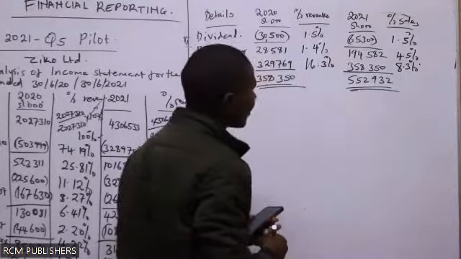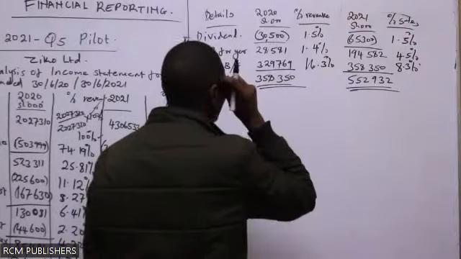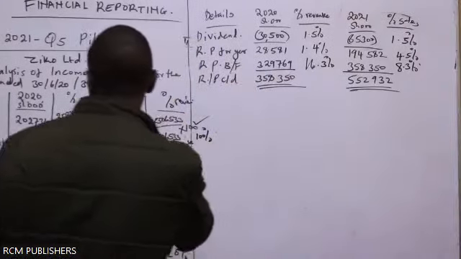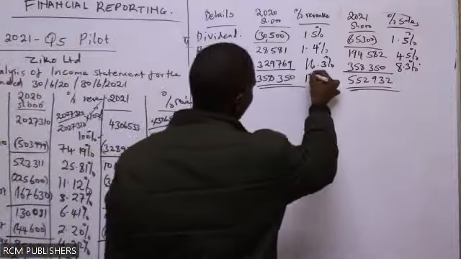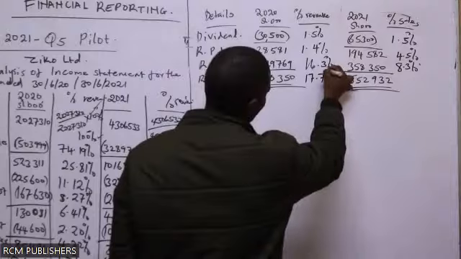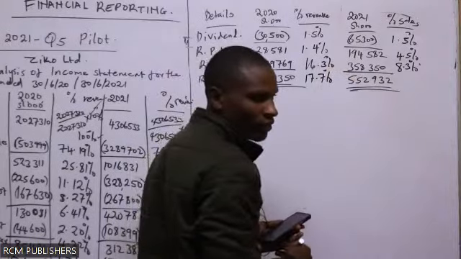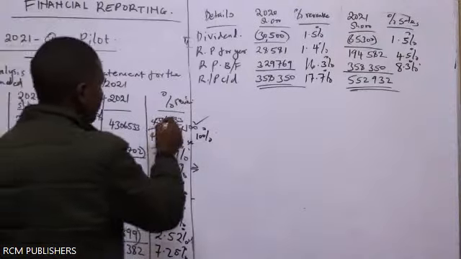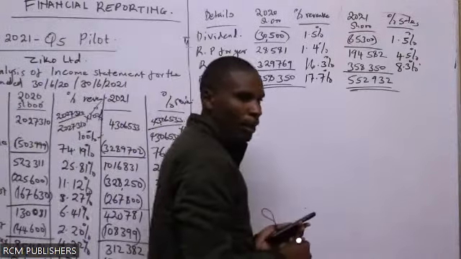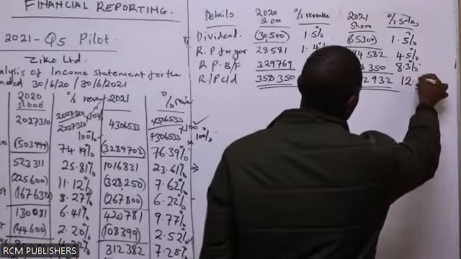Tumalizie tu. 350 divided by our revenue is 27,310, then 17.7%. And then the last one, 552,932 divided by 430,6533. Kwa ngapi? 12.8%.